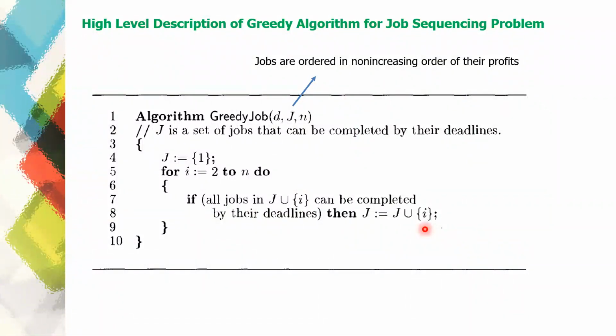There are two things that have to be decided: whether I have to include the ith job into the solution or not, and then into which time unit I have to fit this ith job.